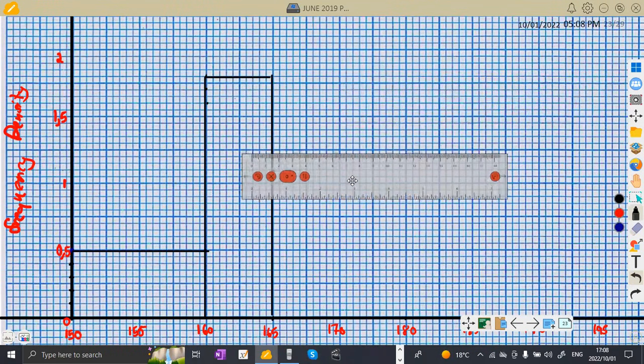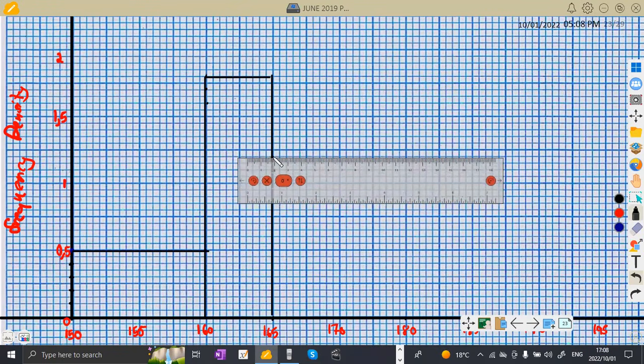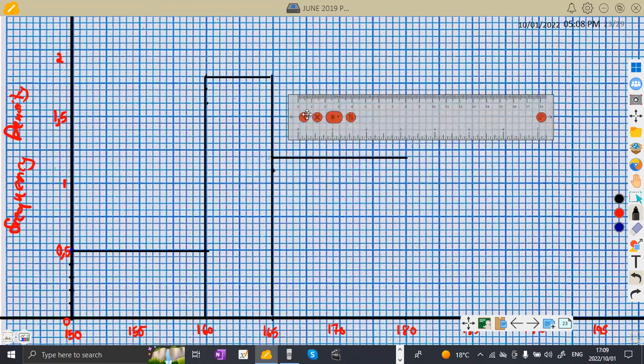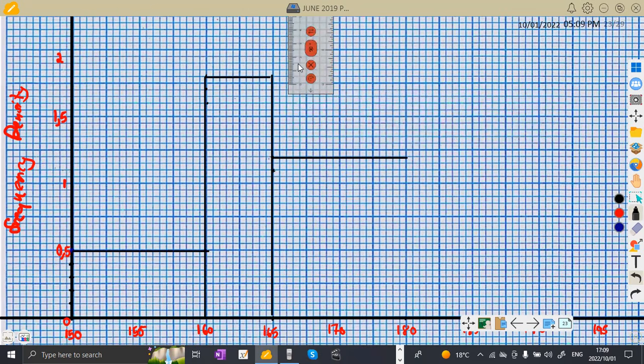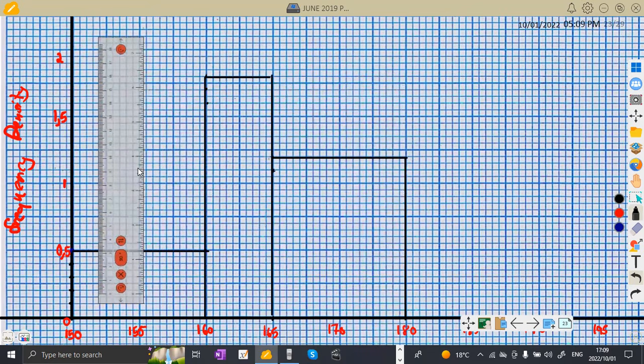So that's where we're going to have it up to 180. So we're going to join this line up to 180. This is where we have our 180 at this point. All right, so that's where we are going to have our point. Then we can actually join back to 180. All right, so that's what we're going to have. Let's see the other one.